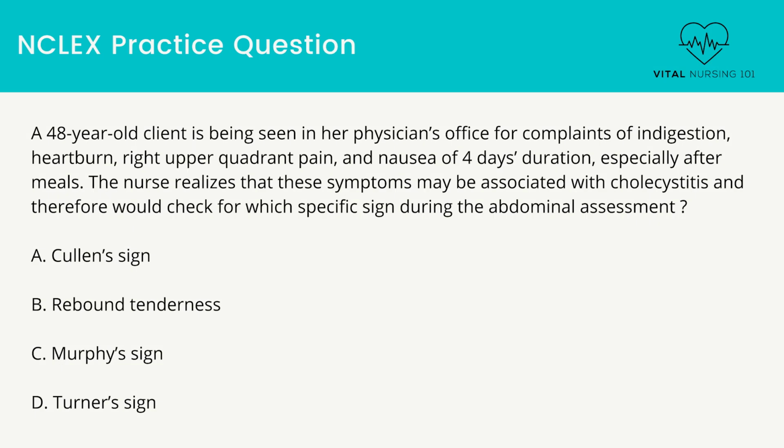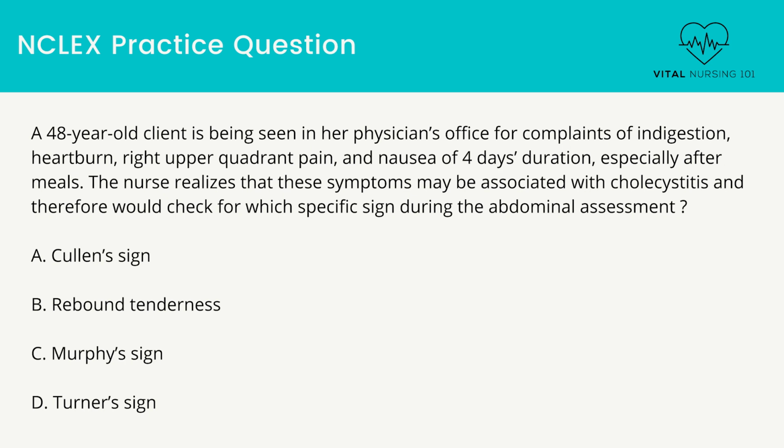A 48-year-old client is being seen in her physician's office for complaints of indigestion, heartburn, right upper quadrant pain, and nausea of 4 days duration, especially after meals. The nurse realizes that these symptoms may be associated with cholecystitis and therefore would check for which specific sign during the abdominal assessment?